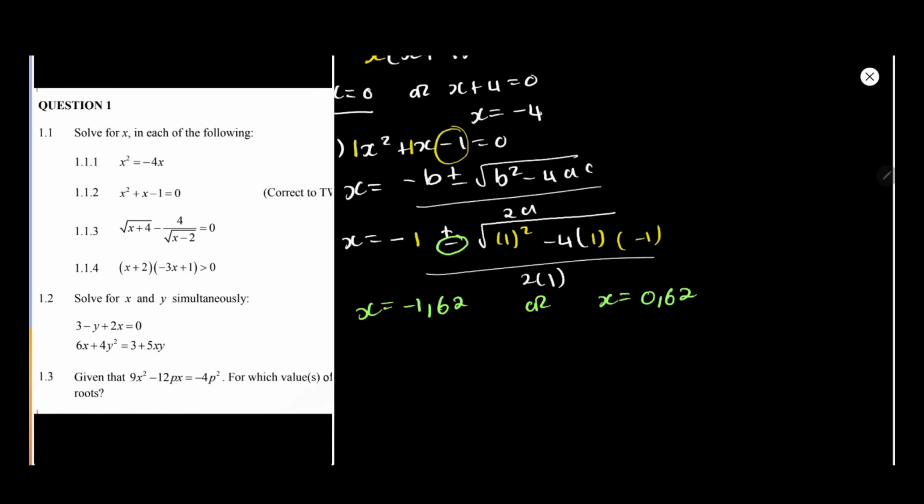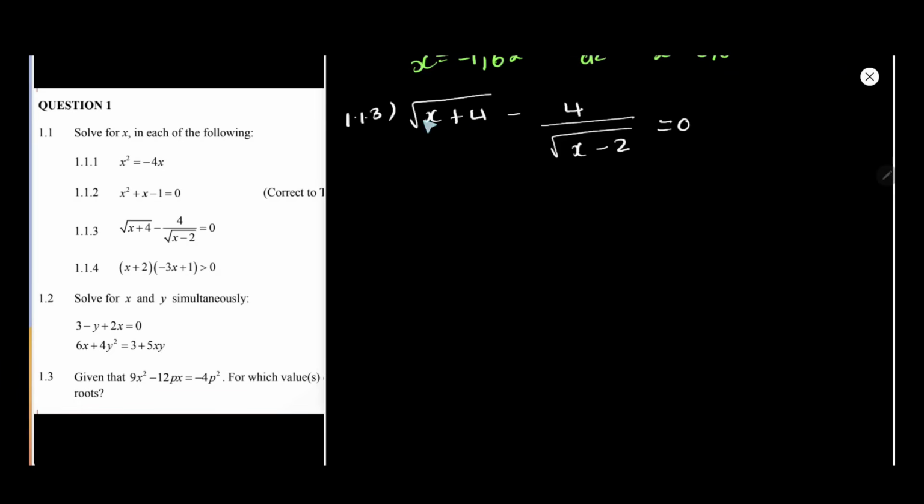Okay, moving on to 1.1.3, we have the square root of x plus 4 minus 4 over the square root of x minus 2 is equal to 0, and we have to solve for x. So this is an equation involving surds. In this equation, the first thing you should try to catch on to is, what are we trying to do?